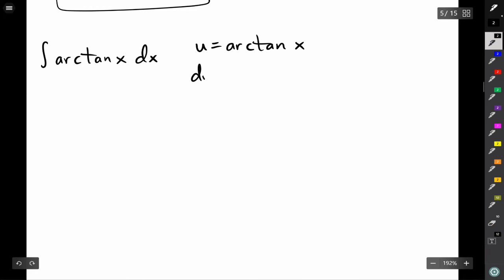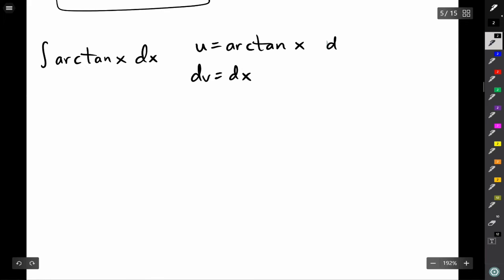Okay. dv is going to be dx. So again, what we're doing here is we're picking u to be the first thing in that list, and dv is everything else. Now, the idea behind this is that when we differentiate a function, it generally becomes a bit simpler. And that's going to be the case here.